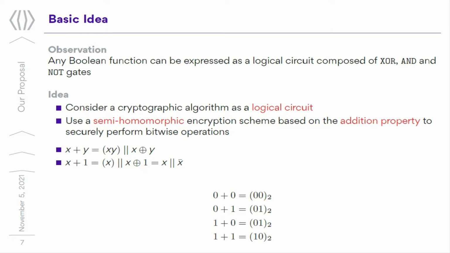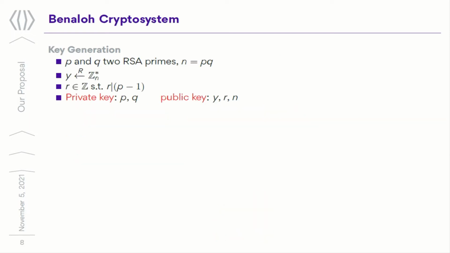So the semi-homomorphic encryption scheme is the Benaloh cryptosystem, in which the private key is two big prime numbers, typically RSA primes, P and Q, and the public key is N, which is P times Q, and two random numbers.